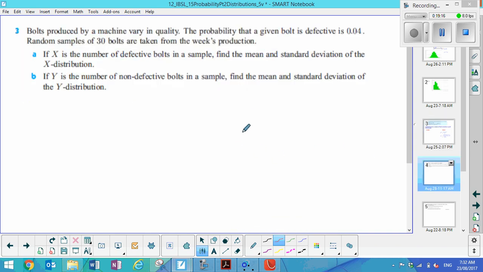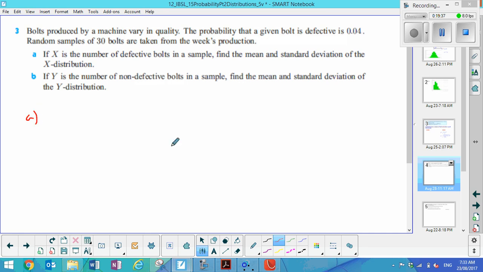Let's just do one quick example here from the textbook. We've got bolts made by a machine that vary in quality. The probability that a given bolt is defective is 0.04. Random samples of 30 bolts are taken. If X is the number of defective bolts in a sample, find the mean and standard deviation of the distribution.